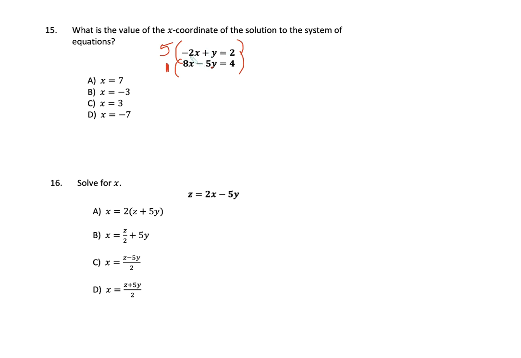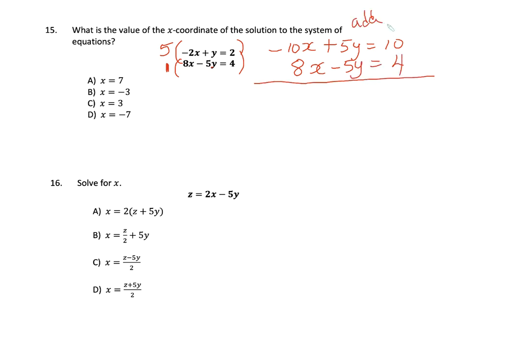When I multiply the first equation by 5, I get negative 10x plus 5y equals 10. And the second equation, when I multiply by 1, stays the same: 8x minus 5y equals 4. So when I add, I eliminate the y's.